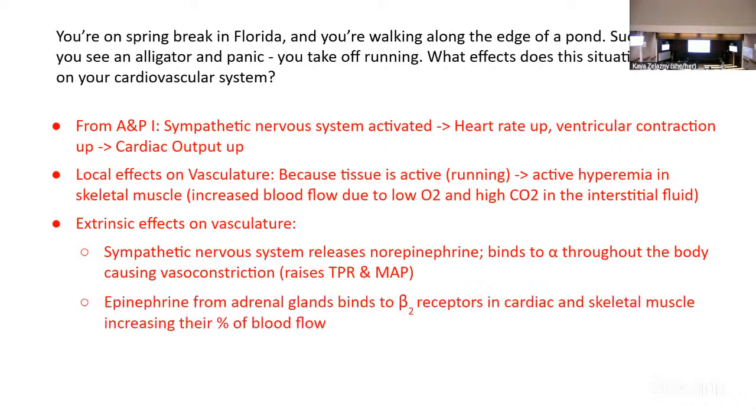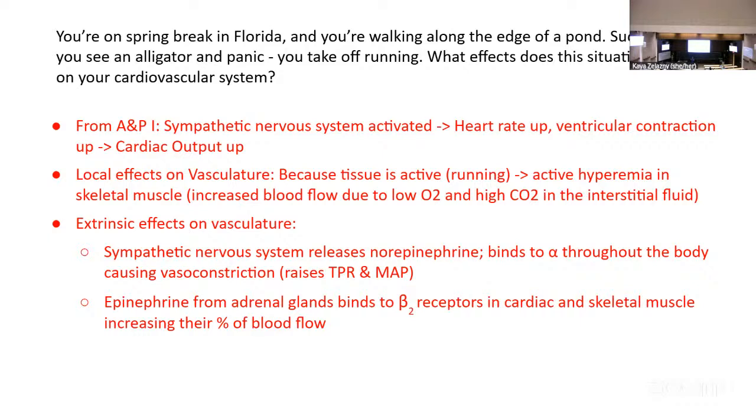We don't want to forget about the epinephrine part. So the epinephrine part, coming from that center of the adrenal gland, is binding first to our beta-2 receptors. Beta-2 receptors are the ones that really prefer epinephrine, right? So at low levels, we're immediately binding to some beta-2 receptors.